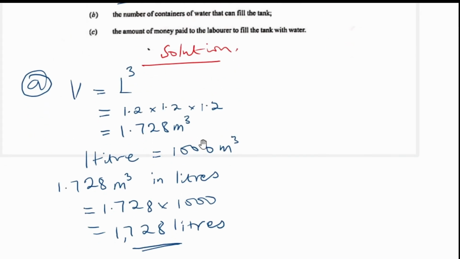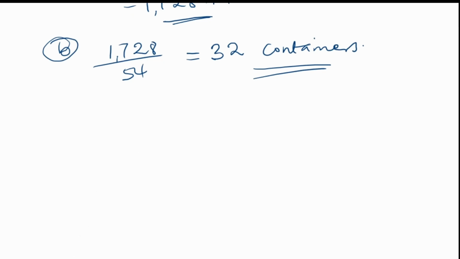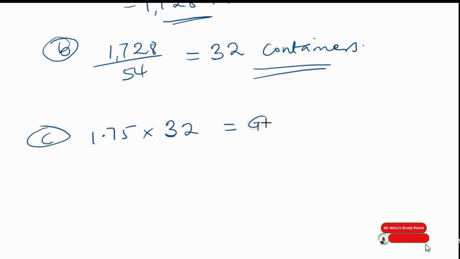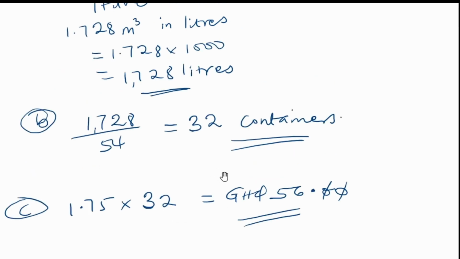So if he's paying 1.75 liters for a container of water, then 32 containers will simply give us 1.75 times 32, and that will give us 56 Ghana cedis. So that means the amount of money paid to the laborer is 56 Ghana cedis. And that ends the third question.